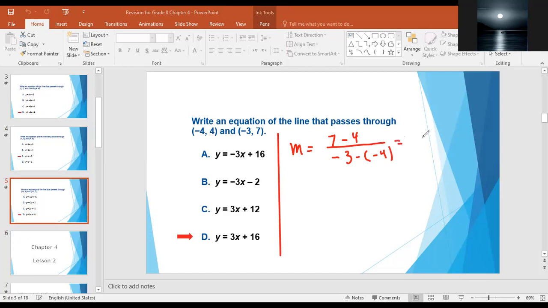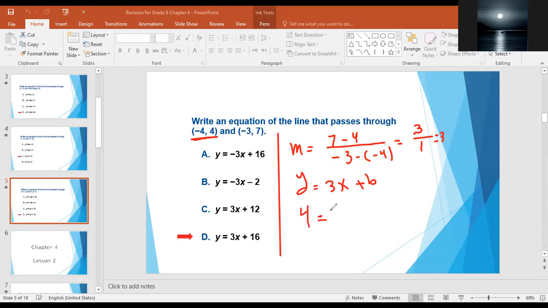So 7 minus 4 equals 3, over -3 plus 4, which is 1. 3 over 1 equals 3. So the slope is 3. Then y equals mx plus b, so 3x plus b, and we choose one of the points, for example (-4, 4).